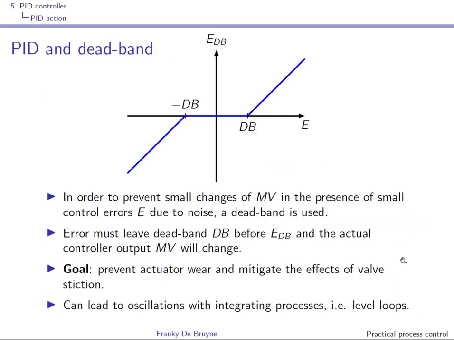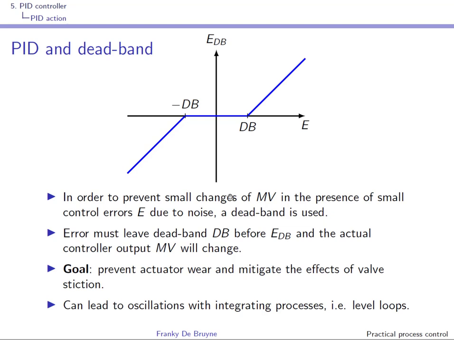Well, as you can see, and this is something that we have seen before, you can use a deadband, right, to prevent small changes in the error due to noise. If the control error is SP minus PV, so if PV is subjected to noise, well, there will be small but high frequency variations of the control error, and you don't want them to affect MV.